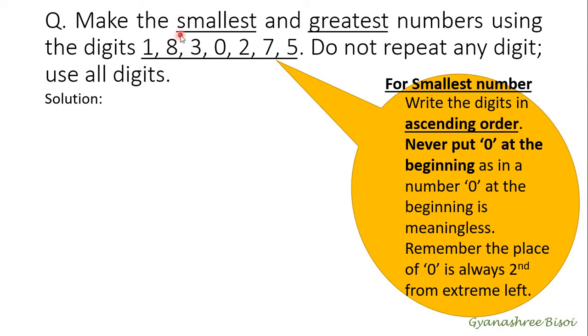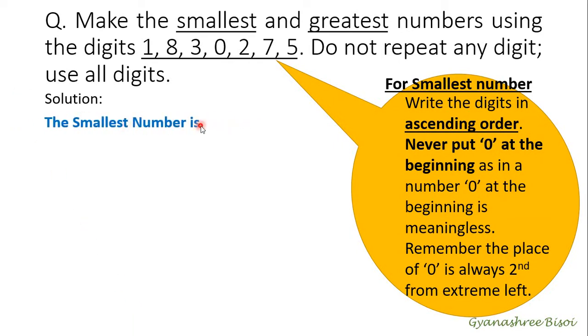Now we need to form the smallest number, and here we have 0 also. So we know that point number 1: write all the digits in ascending order. Ascending means smallest to greatest. But 0's place will be the second from extreme left.